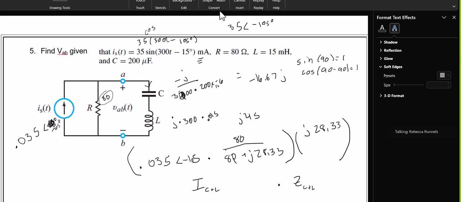So, 300 times 0.015J is 4.5J, not J45. And then if I add to that my negative 16.67, I get negative 12.17J.